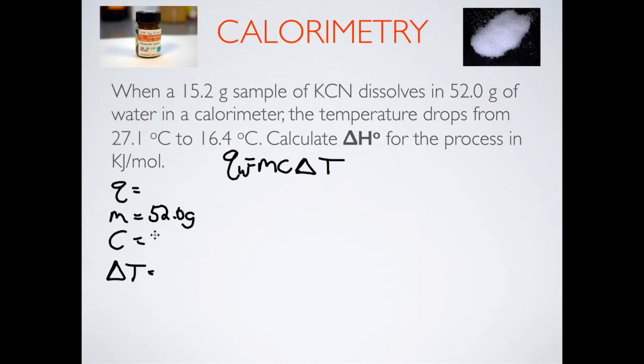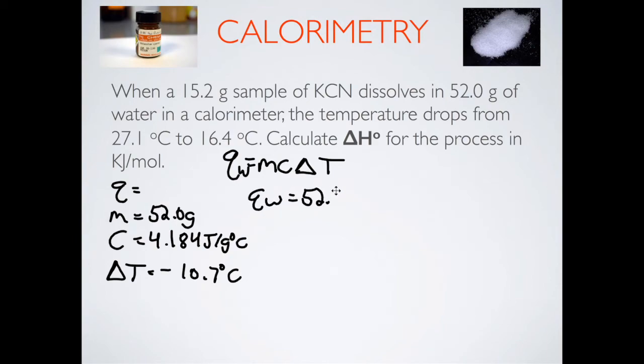The specific heat of water is not shown here, but it's 4.184 joules per gram degrees Celsius. That is our constant value for water. Our temperature change, we have 16.4 minus 27.1. That leaves me with a negative 10.7 degrees Celsius. So I plug all this in.